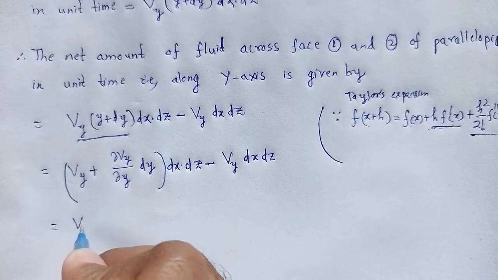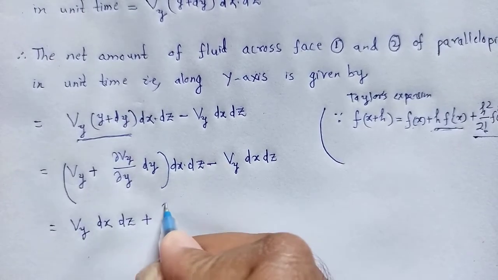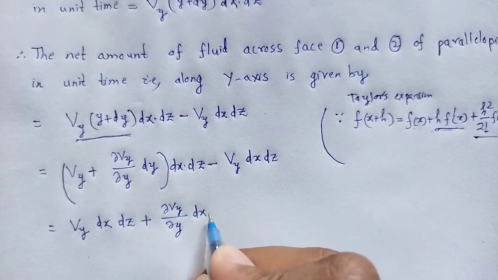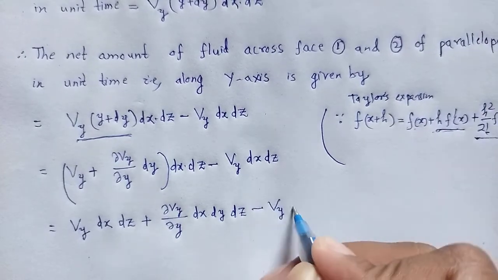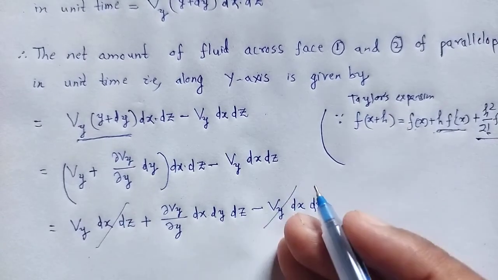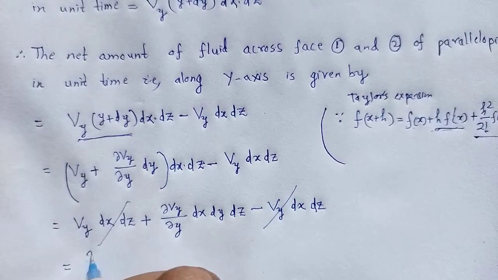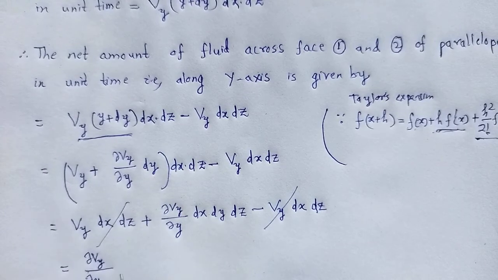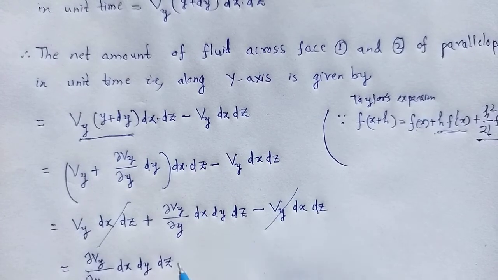Now Vy dx dz plus del Vy by del y dx dy dz minus Vy dx dz, the Vy dx dz terms cancel out, that is del Vy by del y into dx dy dz.